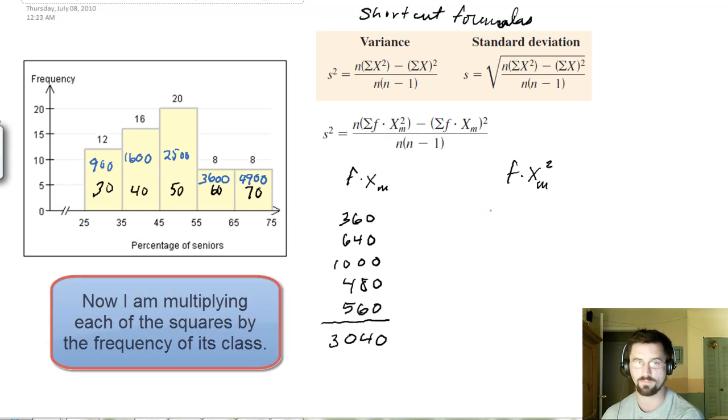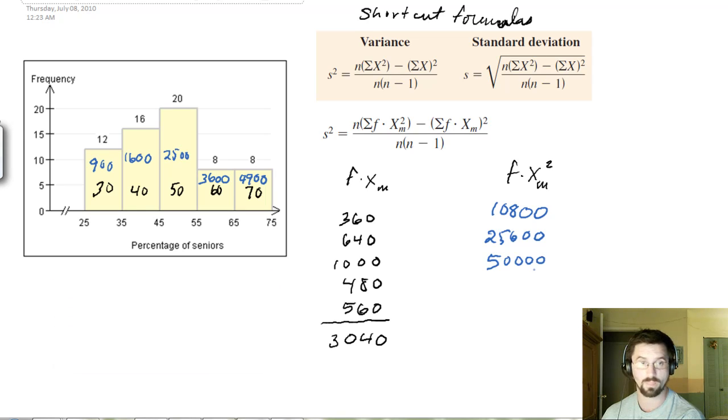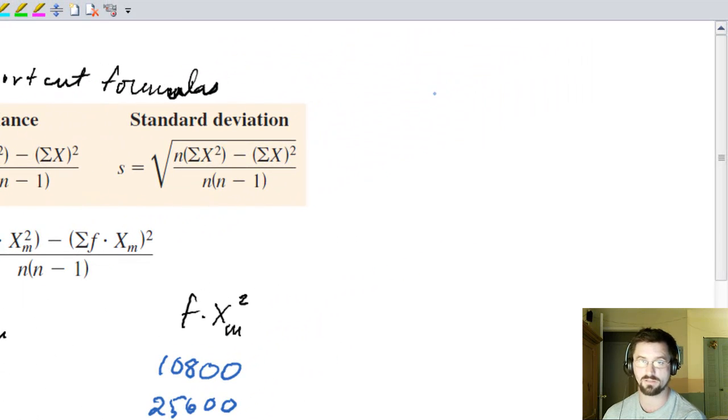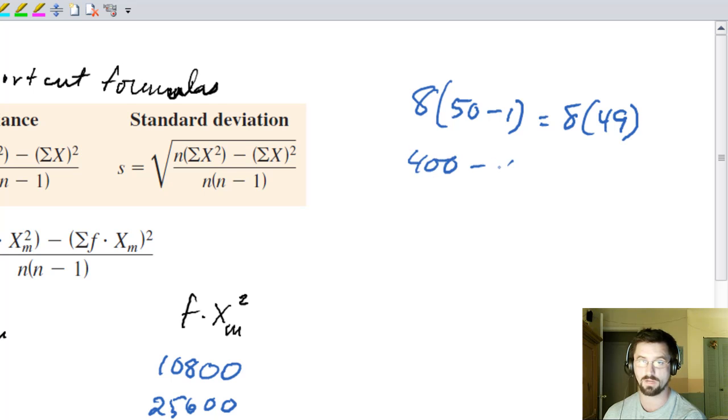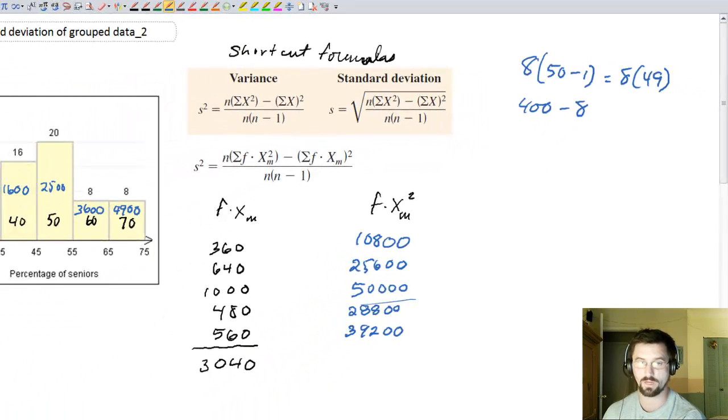Now I do 900 times 12: 9 times 12 is 108, with two zeros. 16 times 16 is 256, with two zeros. 25 times 2 is 50, but three zeros. 36 times 8 is 288, with two zeros. 49 times 8: 8 times 50 minus 1 is the same as 8 times 49, and 8 times 50 is 400, minus 8 is 392, with a zero. So that's a way to do it.